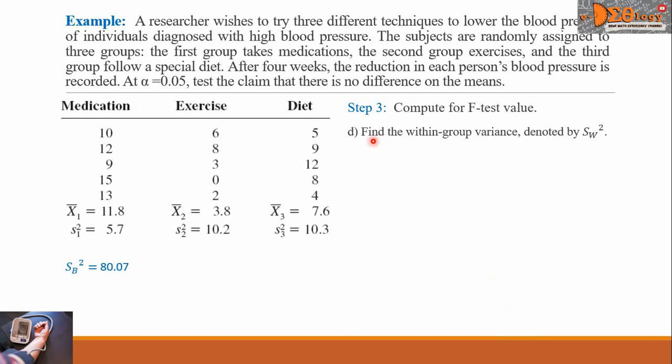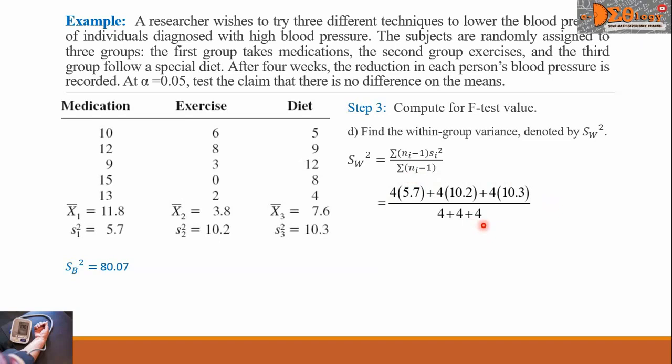Let us copy this value on this side, and let us proceed with the next step, step D, to find the within group variance, denoted by S sub W squared. The formula is here, and let us do the substitution. So this is equal to 4 times 5.7 plus 4 times 10.2 plus 4 times 10.3 all over 4 plus 4 plus 4.